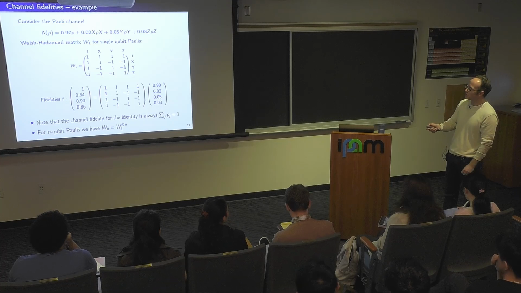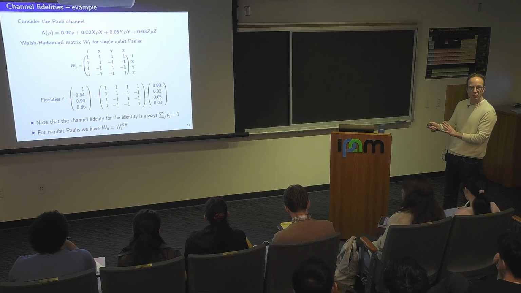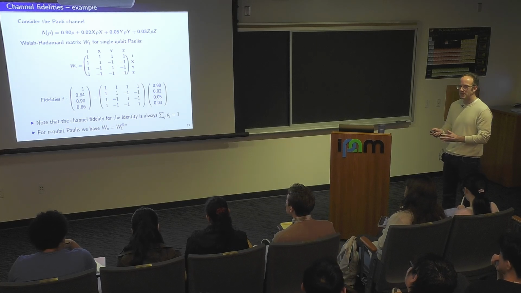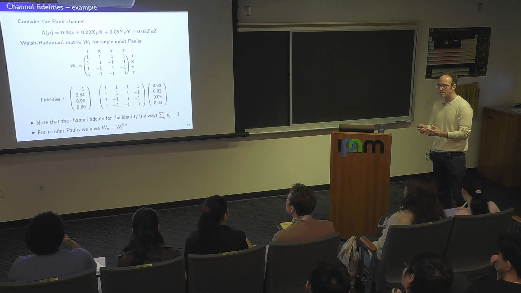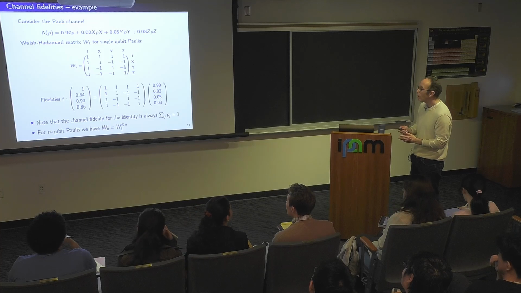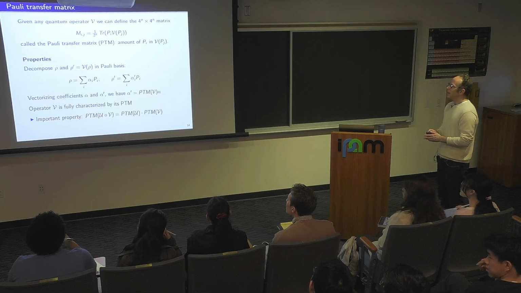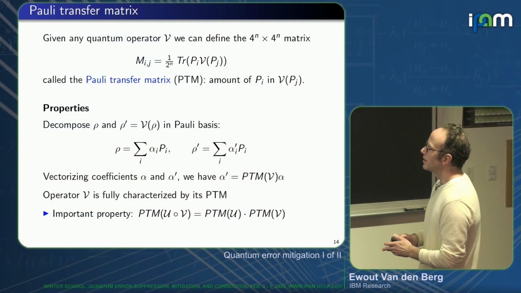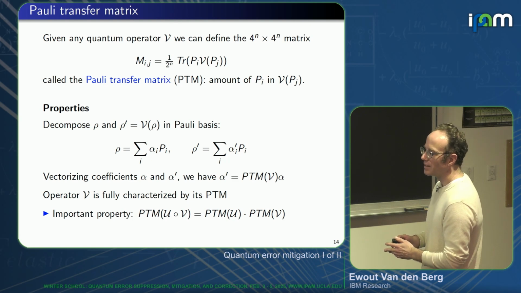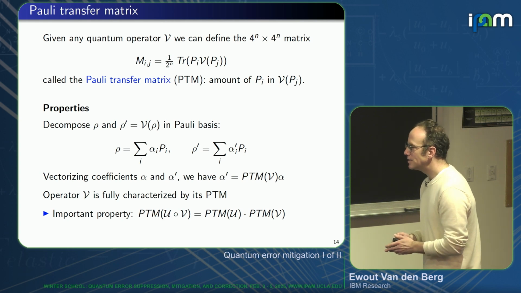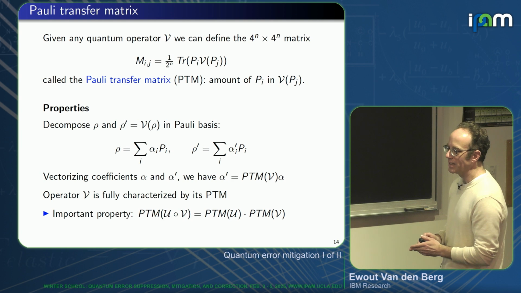If I understand correctly, here you have the p-values, and on this side you have the fidelities and how they correspond, right? I meant more for the Pauli transfer matrix, so the next slide. How the fidelities change. Just because it says amount of PI in operator times PJ, so it seems like fidelity to me. Yes, in a way, yes.